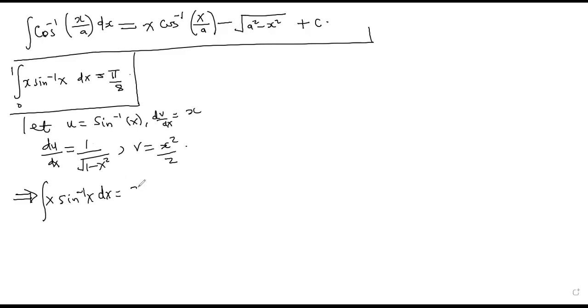So it is going to be x squared sine inverse x over 2. That is my uv. Then minus the integral of v du dx. Now I can move out a half because of v, so you see minus a half. Then v du dx, so it will be x squared over the root of 1 minus x squared, then dx.